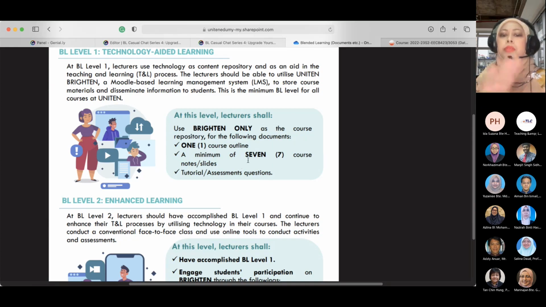So here, most of us can easily reach up to providing the course outline is a yes, because this serves as the contract for the lecturers and the students to work on the whole semester, and also at least to provide the course notes and slides. So those are something that you have prepared and is easily just uploaded into folders or just as files.